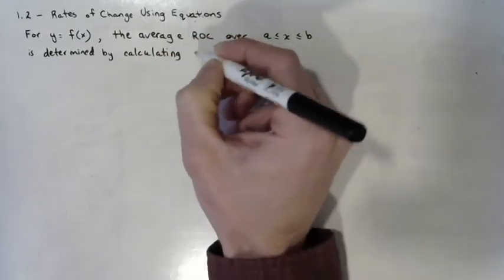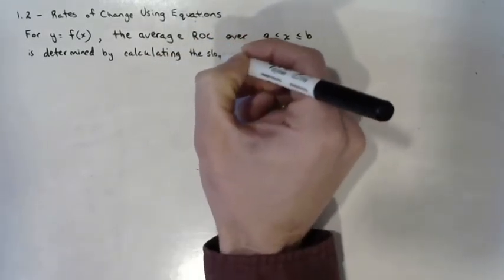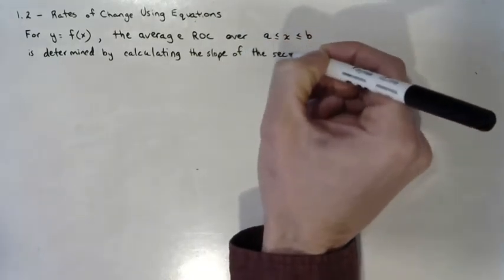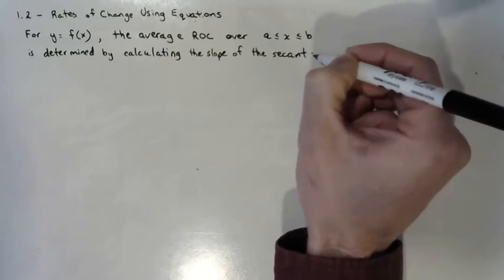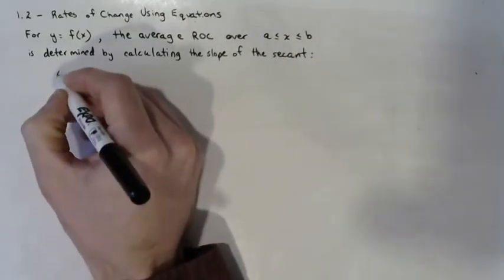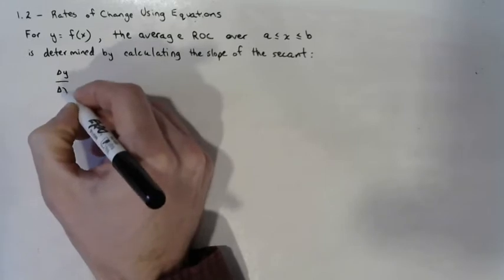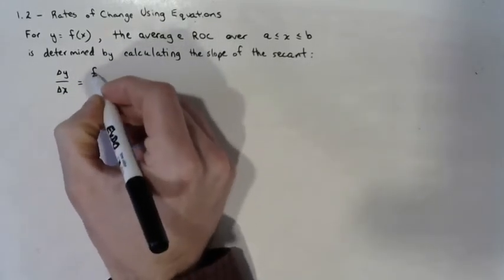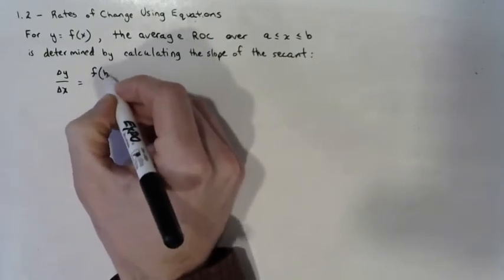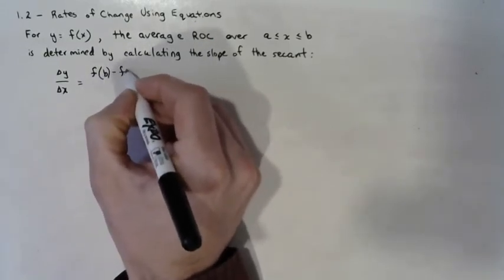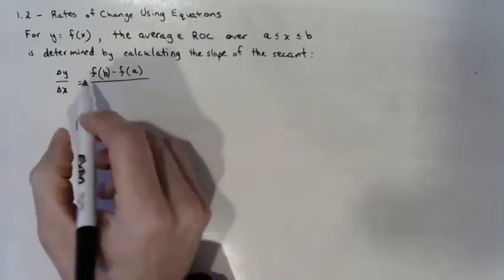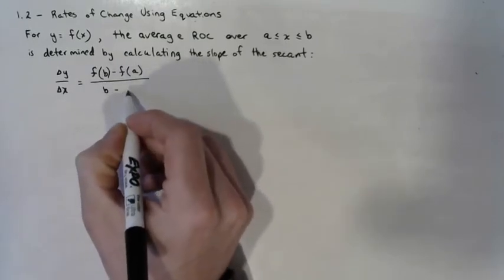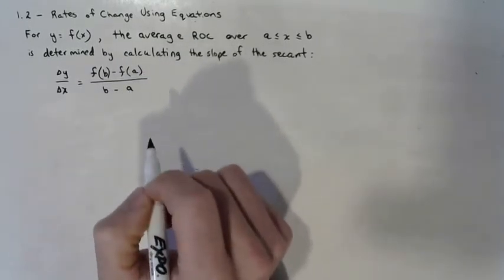You should remember, by calculating the slope of the secant line, or just the secant. What does that look like? That's the change in y over the change in x, which in our case is the value, in the numerator, we have the value of the function at b minus the value of the function at a. Okay, that's the difference in your y values over the distance in your x values. That's b minus a. Okay, this should be ringing a bell.